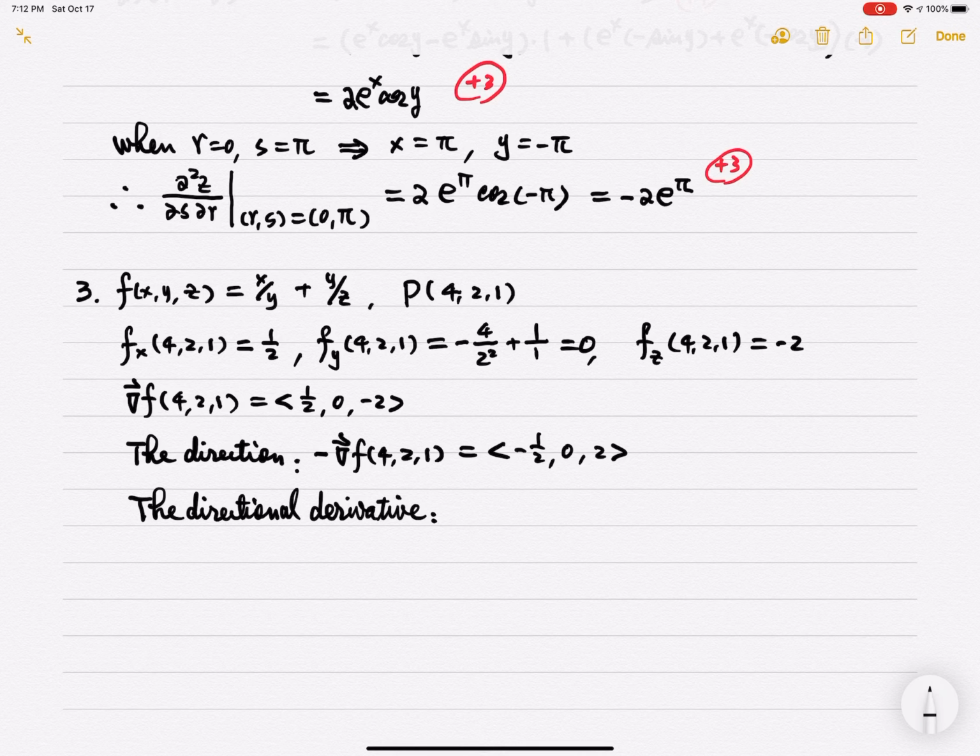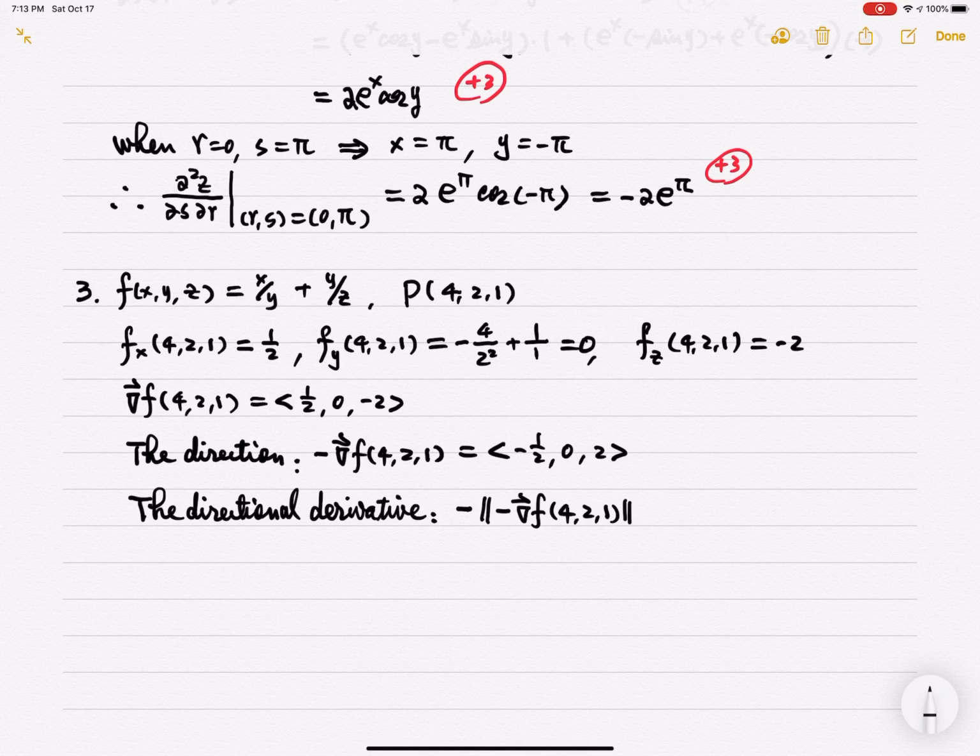Then this is equal to negative the magnitude of the gradient.